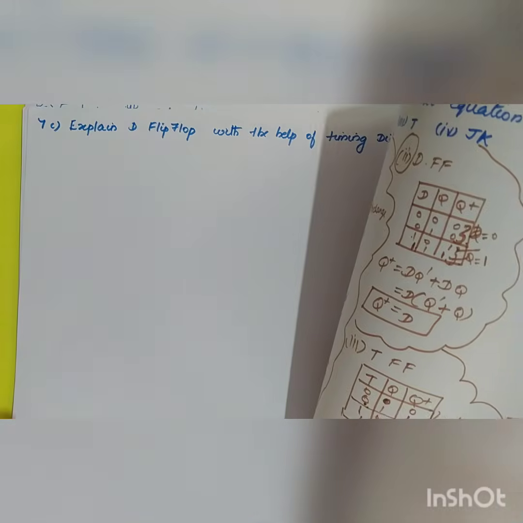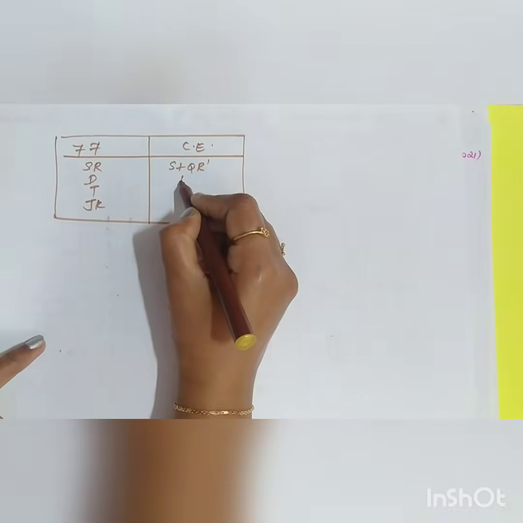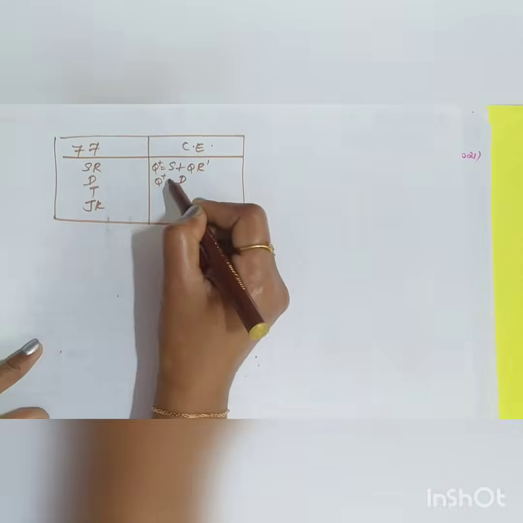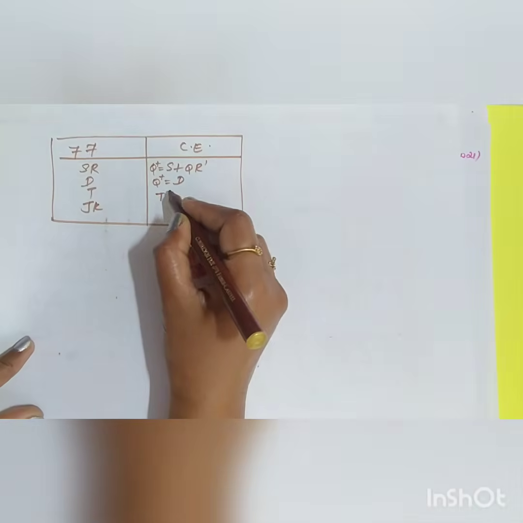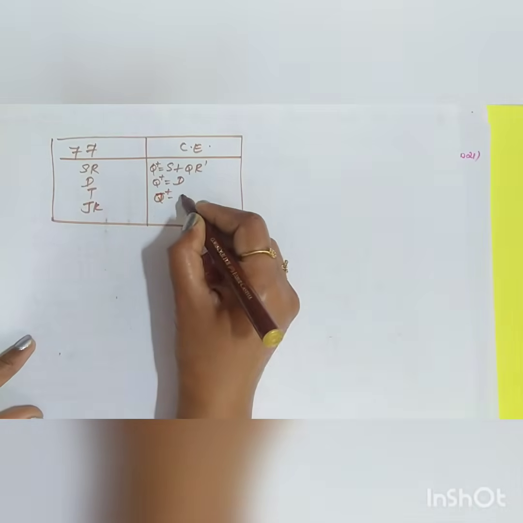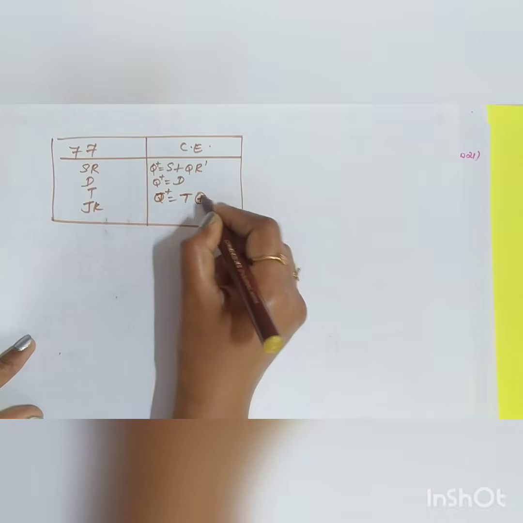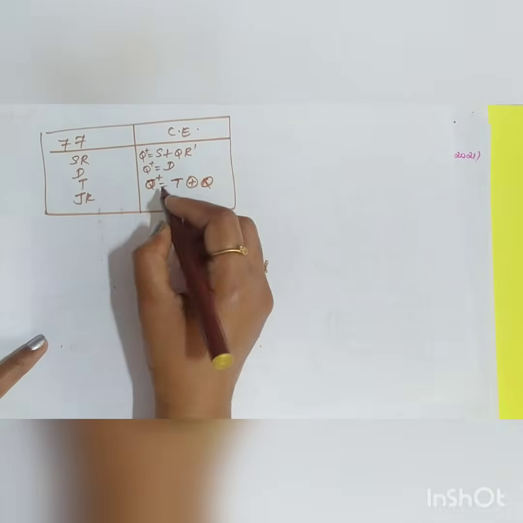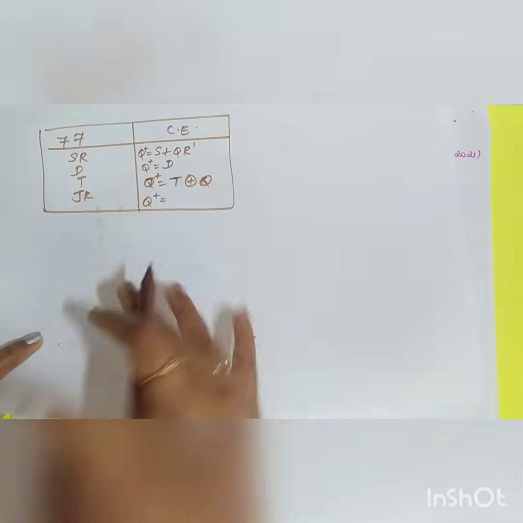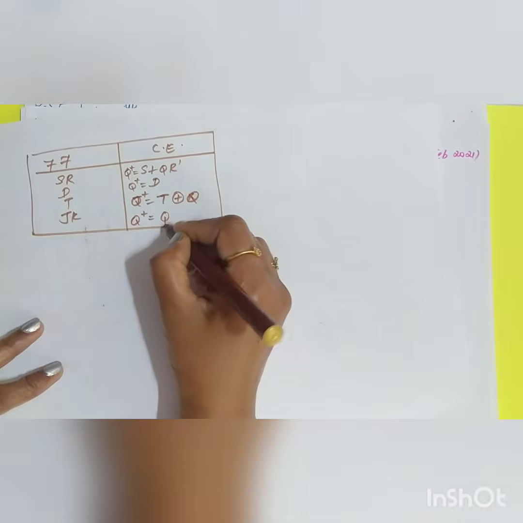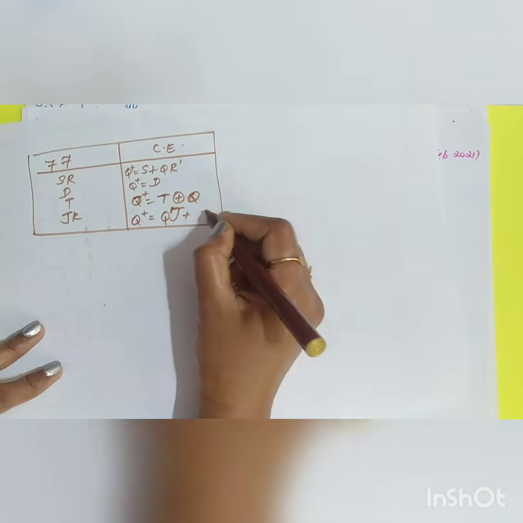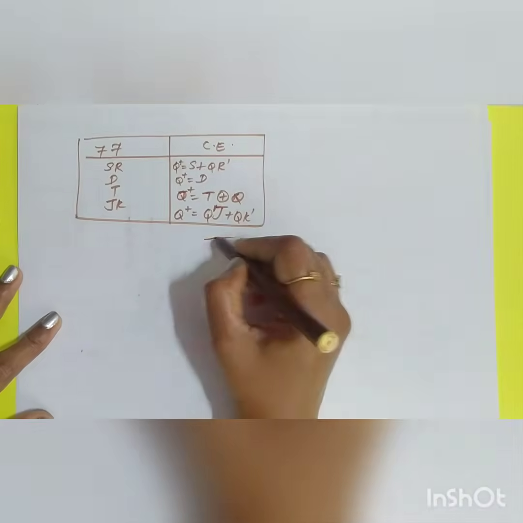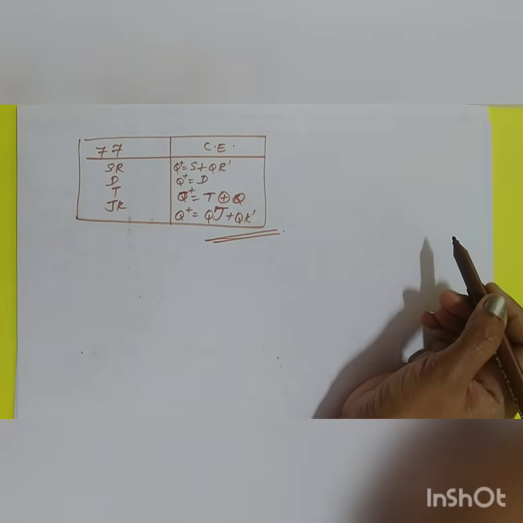For D, Q plus is equal to D. What is your T? Q plus is equal to T XOR Q, right? T XOR Q, correct. Now for JK, what is your value? Q plus is equal to Q dash J plus Q K dash. Okay, so these are your characteristic equations for all the flip-flops.